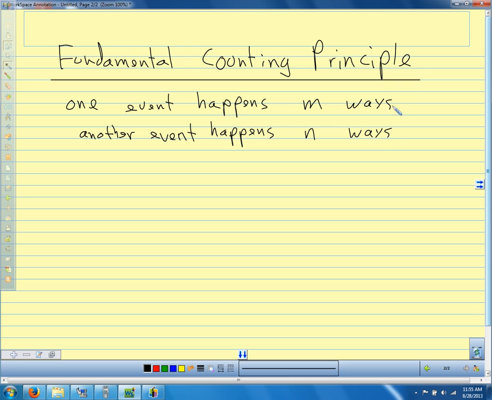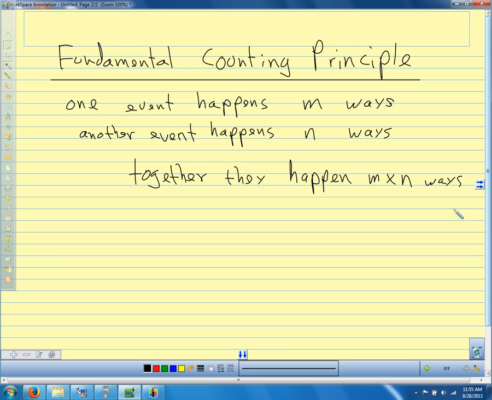M and n are just some numbers. Together, they happen m times n ways. So multiplying the two numbers together is what we call the fundamental counting principle.